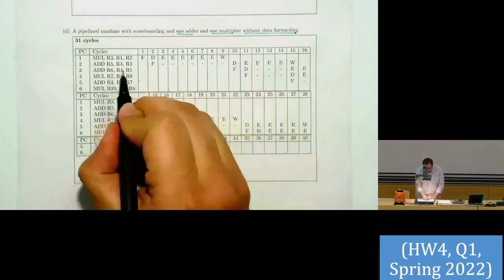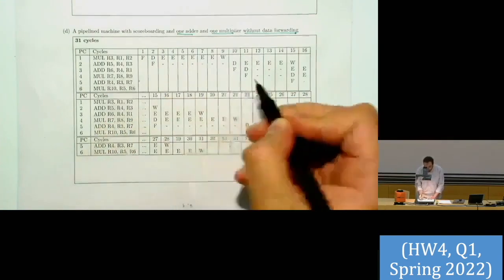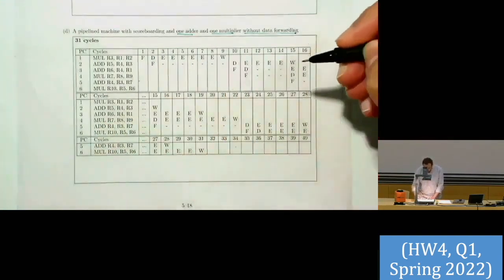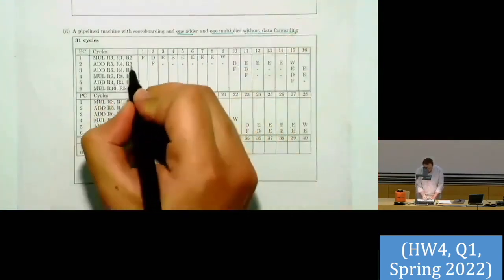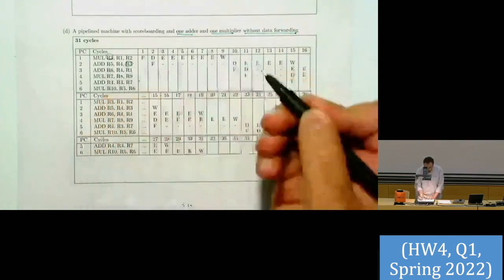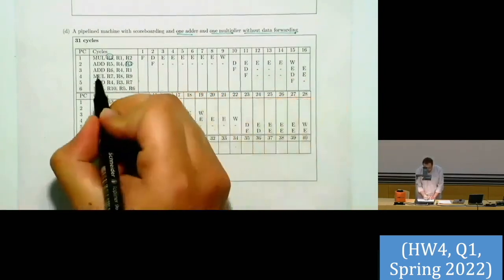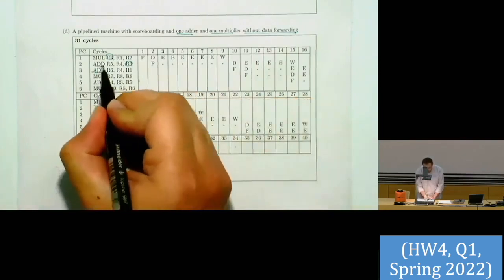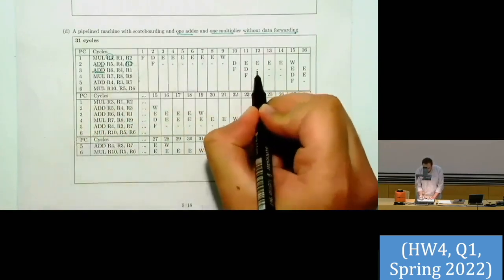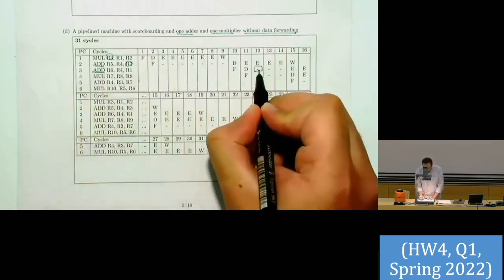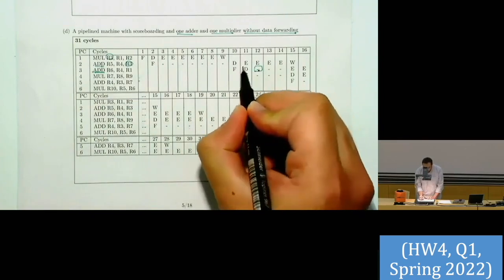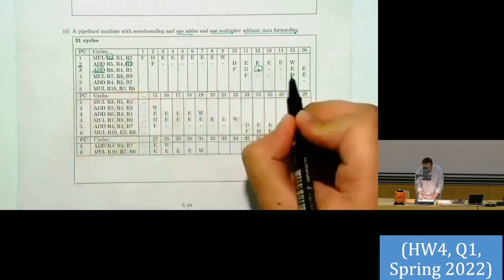So here, what matters is, this R3 is exactly as in the B part of the question. But when we have the second add here, we cannot start executing here, because at this cycle the adder is being used by the second instruction.